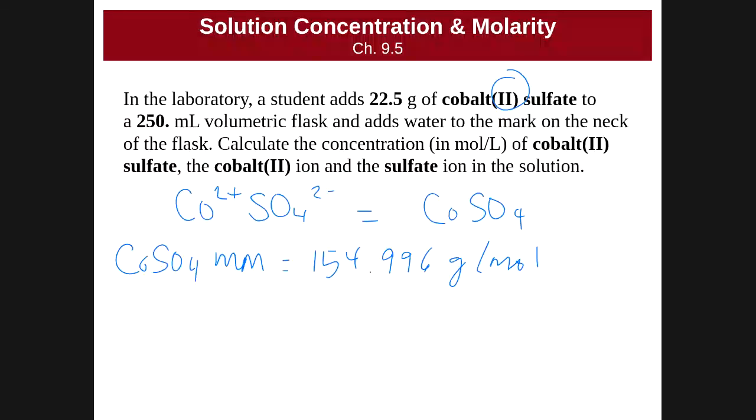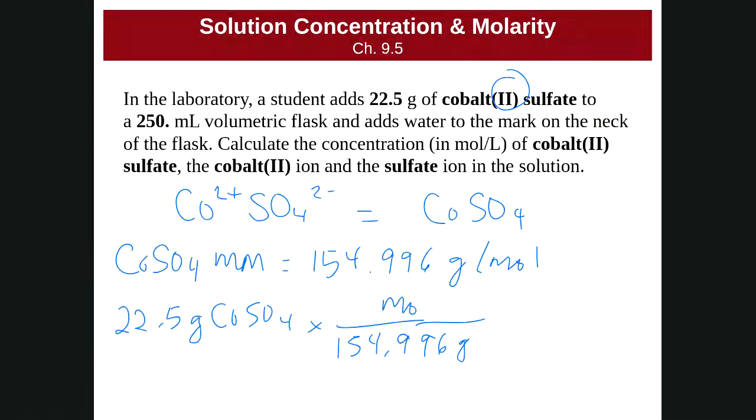So if we have 22.5 grams of cobalt sulfate, then we divide by our molar mass, so we can cancel out grams, and we find we have 0.145 moles of cobalt sulfate. Okay?